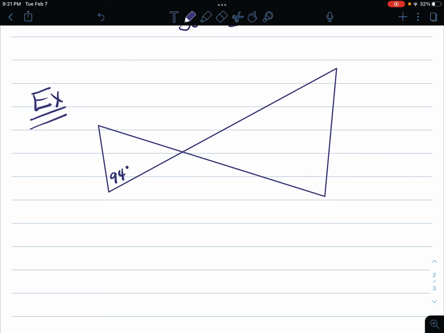So I'm going to find this measurement. And this is L and P. And we know that this side is 20, this side is 24, this side is 35, this side is 42, this side is 21, and I'm looking for this side.